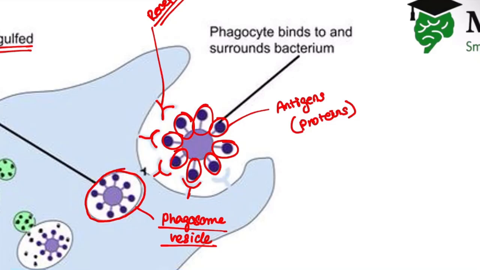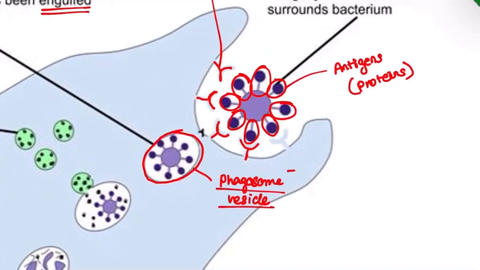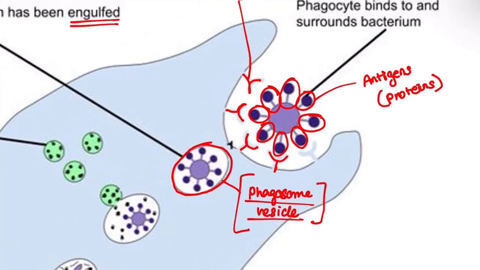Phagocytes have many receptors on them, and the complementary receptor is going to bind with the antigen present on the bacteria surface, and that's going to cause the phagocyte to wrap around the bacteria and engulf the bacteria. Once it's been engulfed, the bacteria is contained within a phagosome vesicle. So this circle around the bacteria, it's contained within a vesicle.